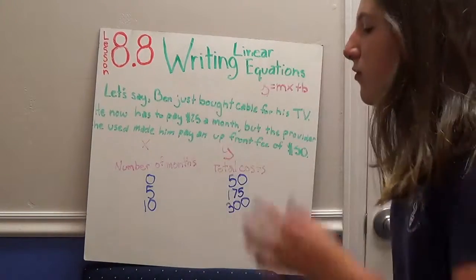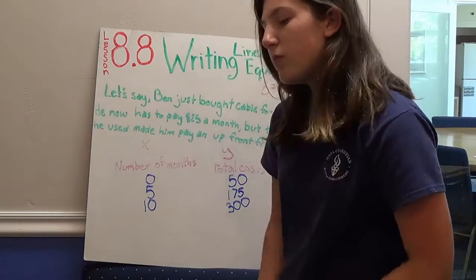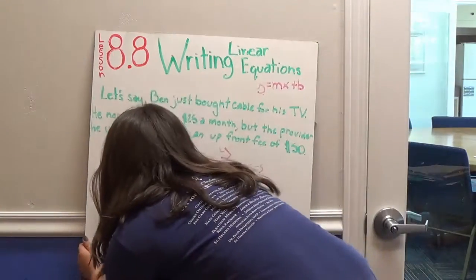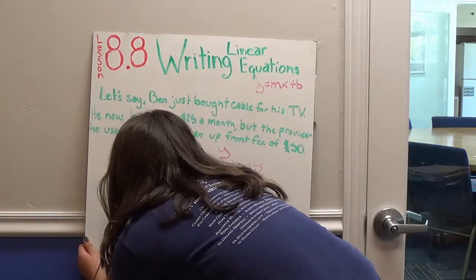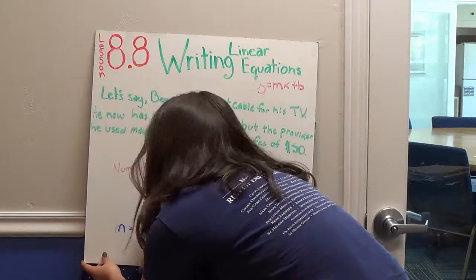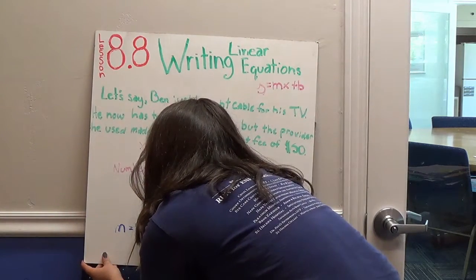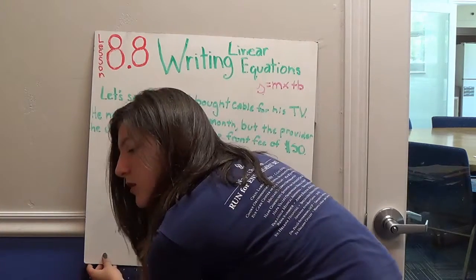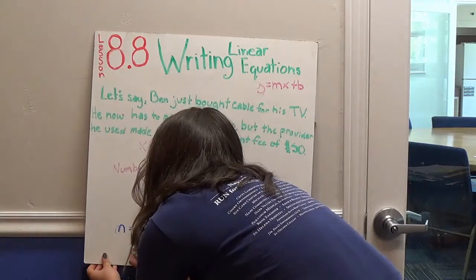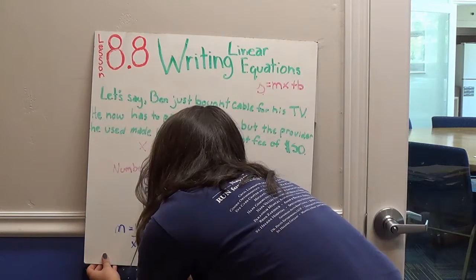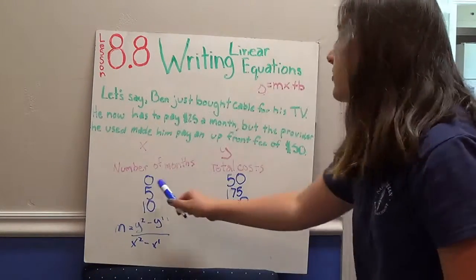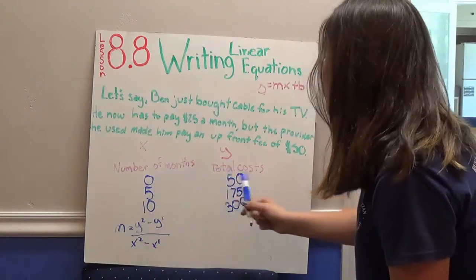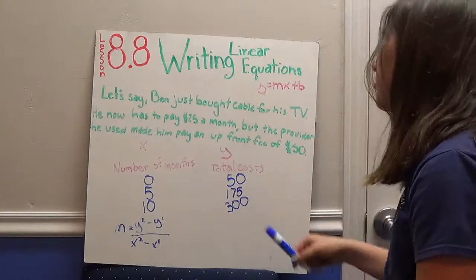Alright, so now to find the slope, you're going to do m equals y2 minus y1 over x2 minus x1. So you can use any 2 points from here. You can use 0 and 50, 5 and 175, or 10 and 300.